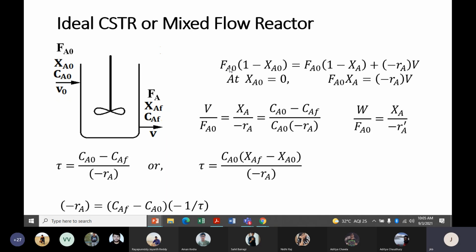And perform the mole balance, that is feed rate Fa0 multiplied by 1 minus Xa0 at the inlet condition, that is mole in, and this is mole out, and rate of disappearance, and here it is positive sign, that's why minus RA is kept in bracket, it is disappeared by the reaction.